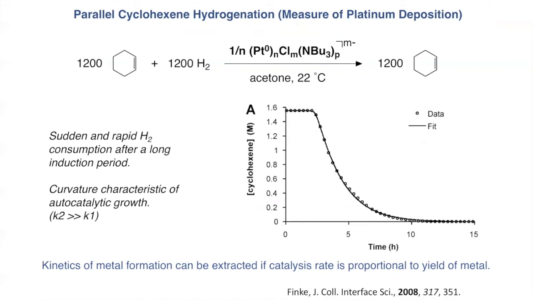You add the hydrogen, and what you find is that nothing happens at first, or very little happens at first. You've got to wait a couple of hours, but then all of a sudden, boom, hydrogen consumption turns on and the cyclohexene concentration starts to drop.